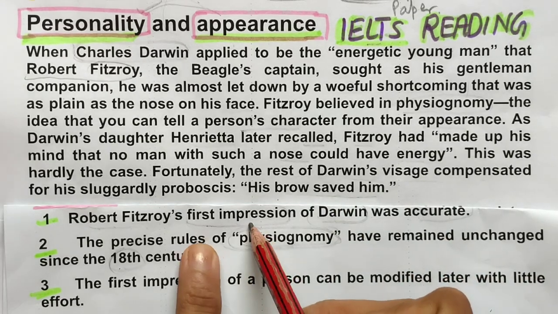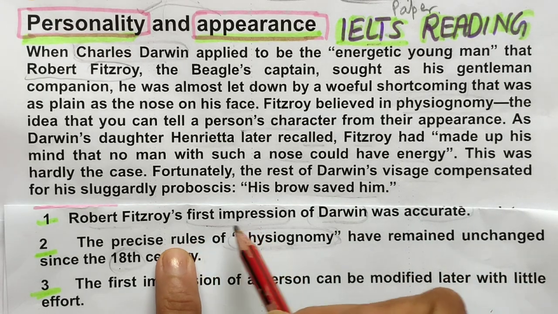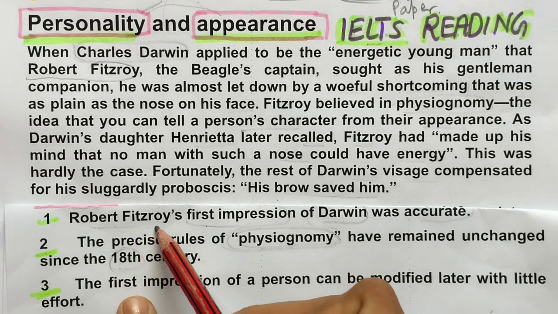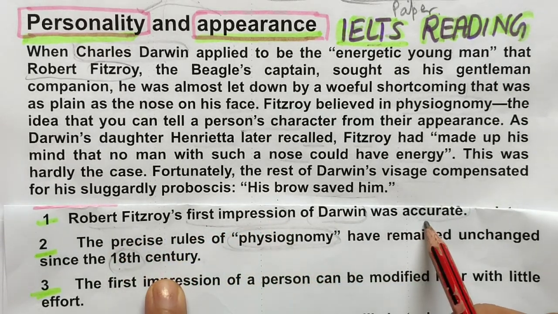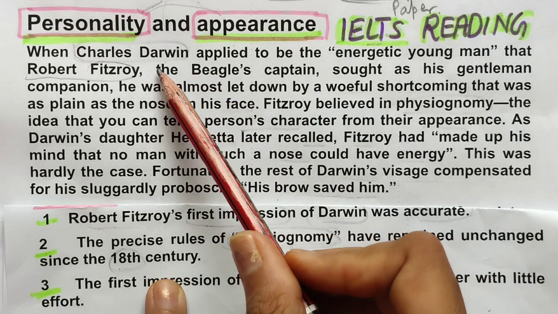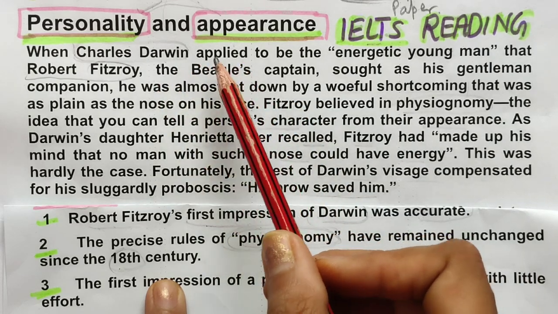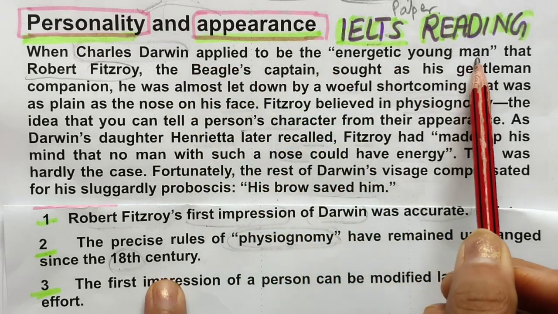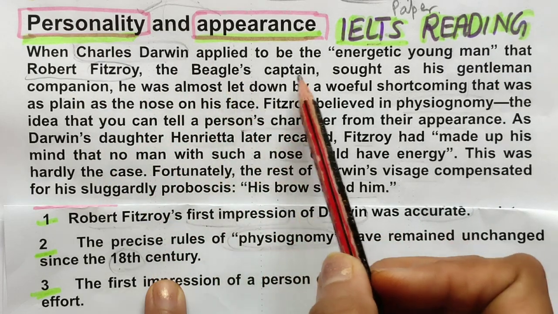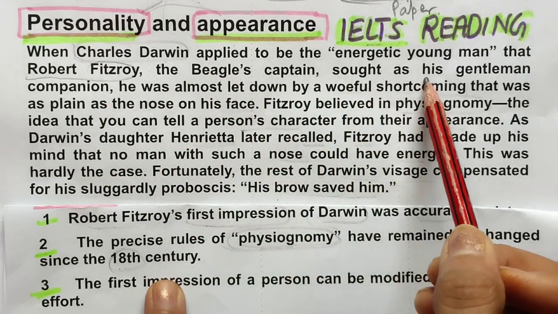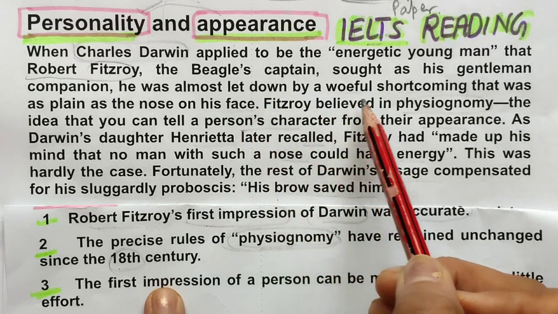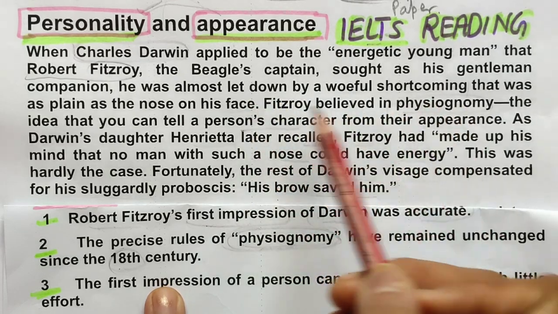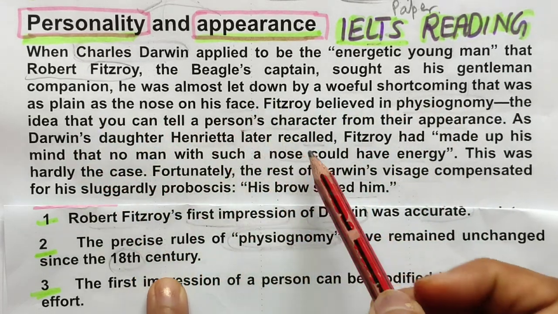So definitely you will not understand this question easily. Robert's first impression of Darwin was accurate. When Charles Darwin applied, he was almost let down by a woeful shortcoming that was plain as the nose.